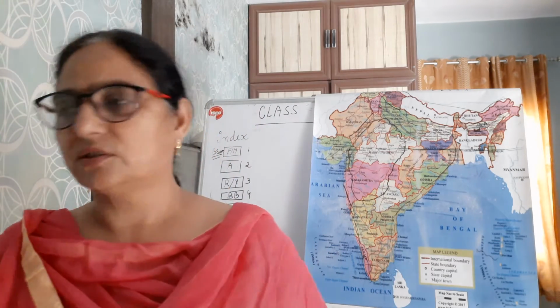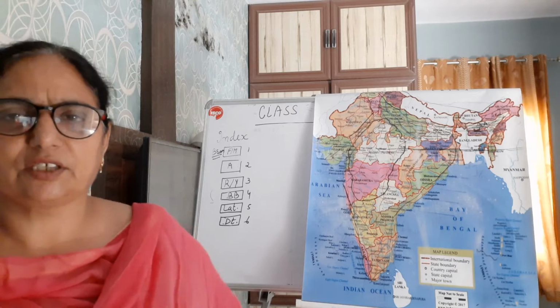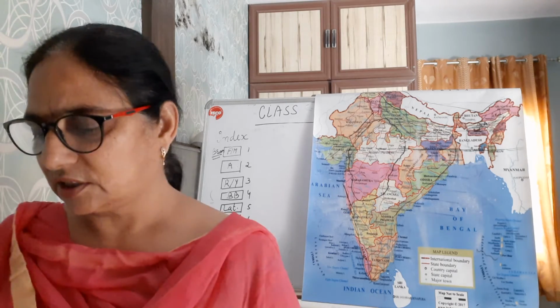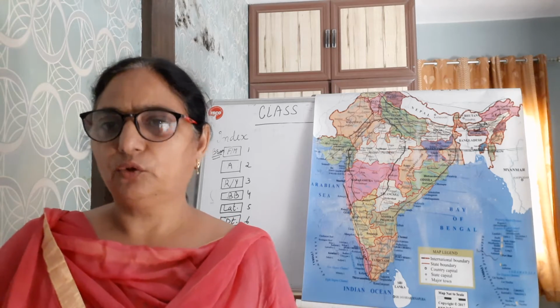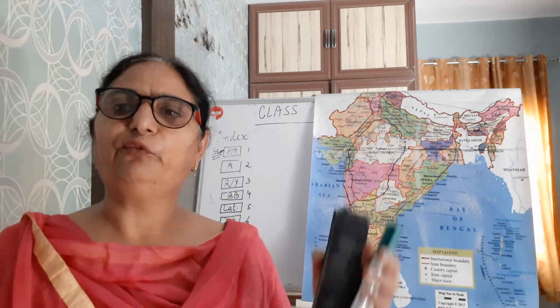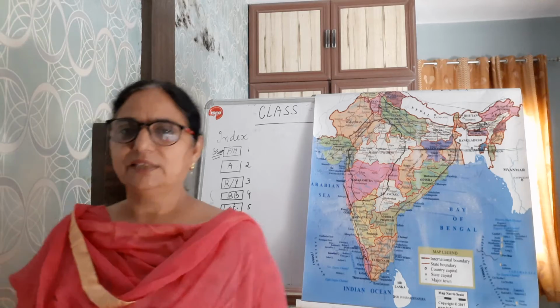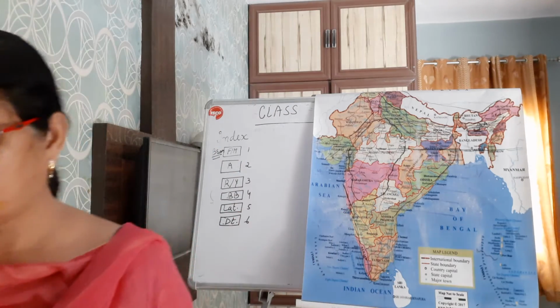This mountain soil is only for natural vegetation. Different types of vegetation grow there naturally, right? To make it more effective, there are different measures that we will discuss in our last portion, last video.